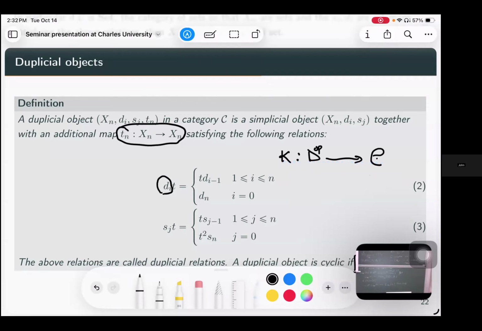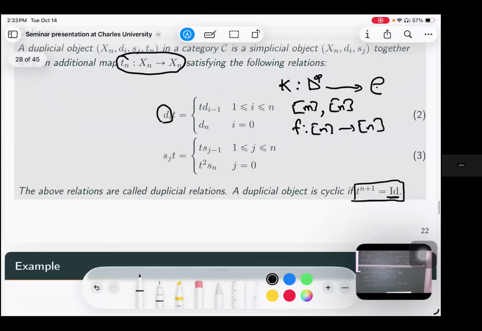I have these things here. The objects here are things of this form. So these are ordinals here. The maps are the same thing as the one that he spoke about, but with extra information.